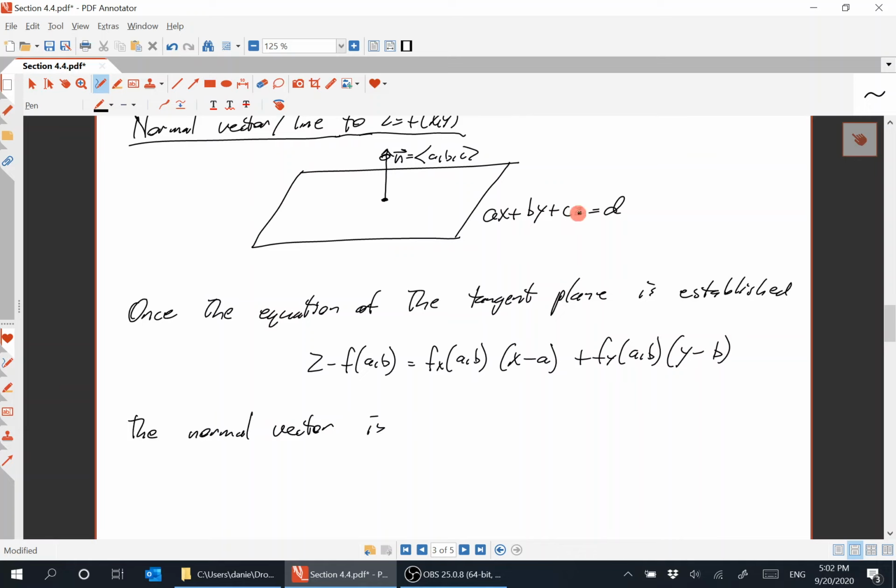Well, it's the coefficients of x, y, and z when they're all on the same side of the equation. Here the z is on the other side, so the coefficient of z isn't 1. The coefficient of z is negative 1 because I have to move it over. The coefficient of x is fx, the coefficient of y is fy, and the coefficient of z is negative 1. If this is normal vector (A, B, C), then the coefficients on the same side are A, B, C. So here the normal vector is n equal to (fx, fy, -1).